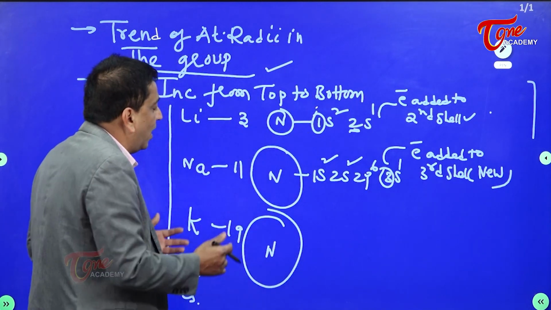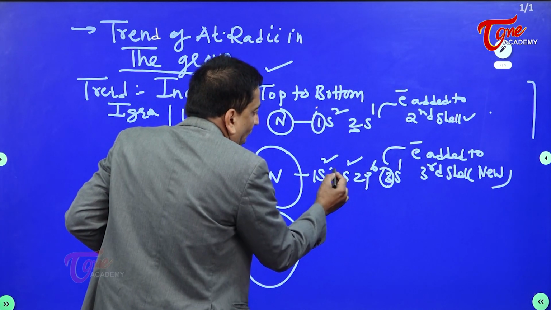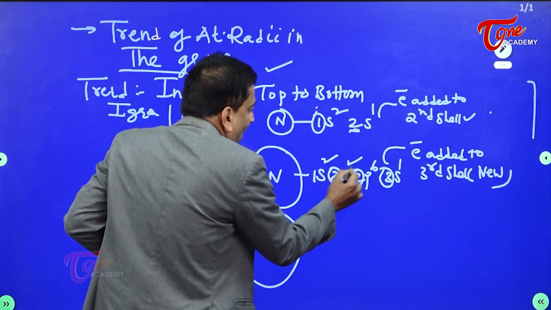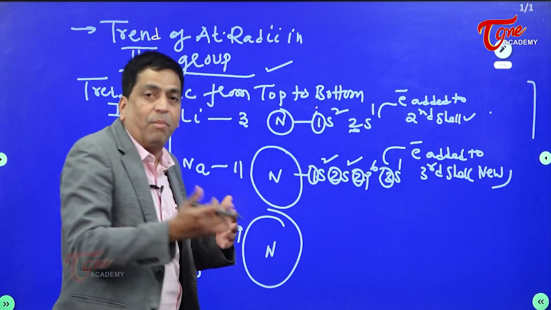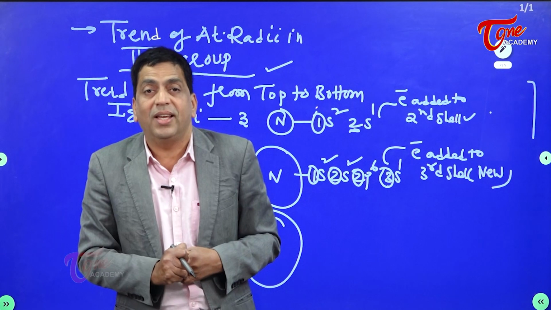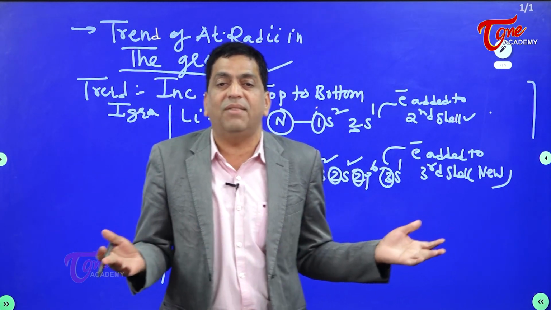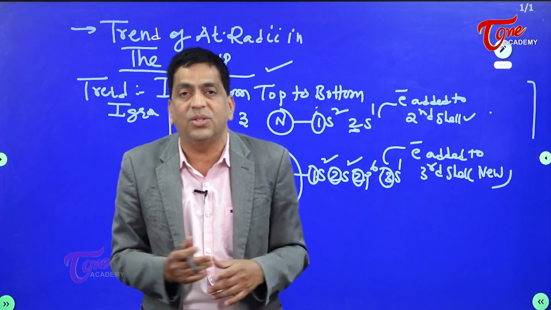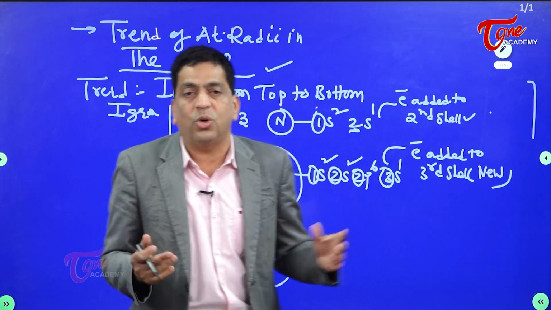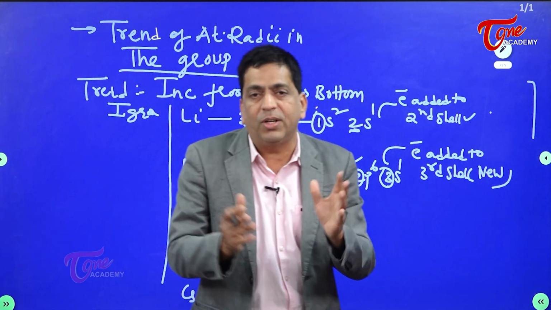Now, in the second case, between the nucleus and the third shell, you have shell number 2 and shell number 1. So the number of shells are also increasing. And I was always reminding you that electron itself is a shell. So when I say number of shells are increasing, I can say even number of electrons are also increasing.